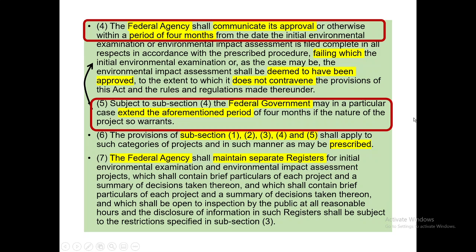And then again, the federal government has the powers to extend the time duration. Then we are supposed to follow the above sections, and within the jurisdiction of these we are supposed to perform the requirements.